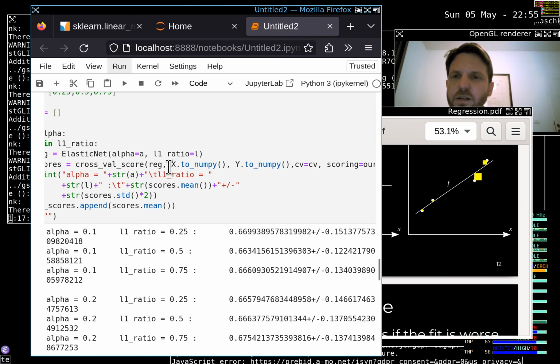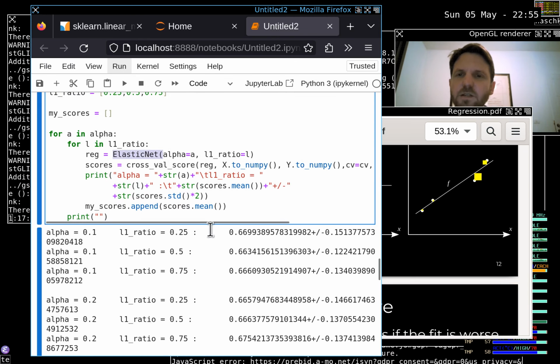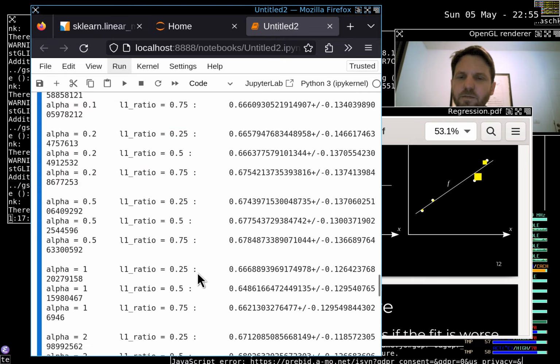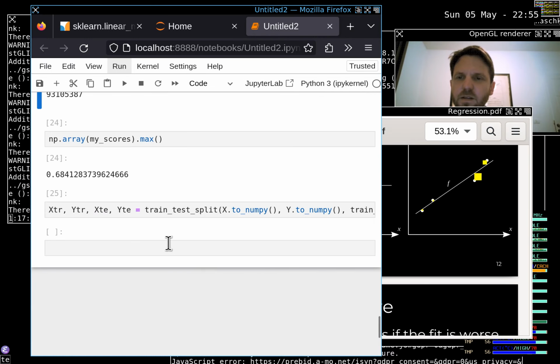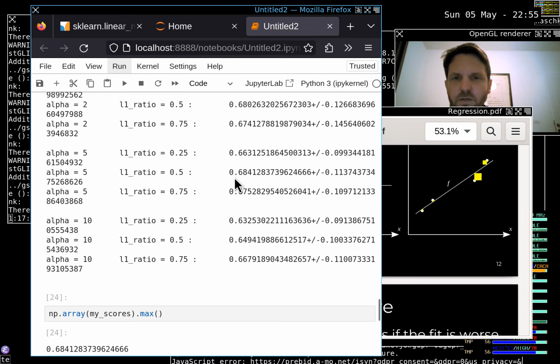So ElasticNet: what is the good alpha value here? We said it was 0.5, so let's use alpha. And as I made this very nice, I can just copy paste this from here.